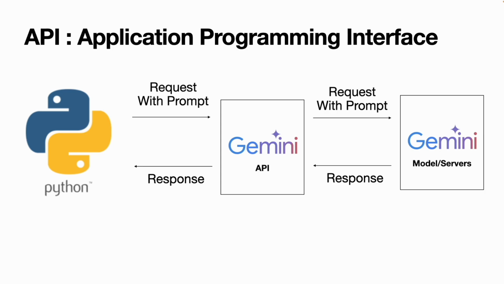The Gemini API would then take this prompt to the Gemini servers or the Gemini model, and that's where it would be processed, and it would prepare a response, which is the AI-generated answer, and this response is given back to the Gemini API. Once the Gemini API has this response, it is given back to your program, and we're going to be displaying it. That's basically what APIs do.